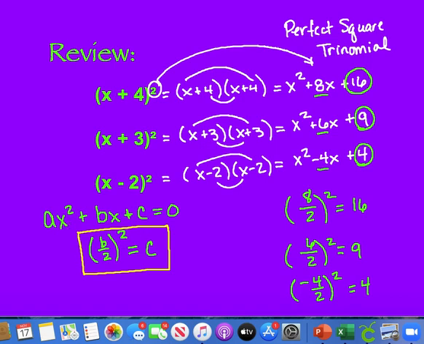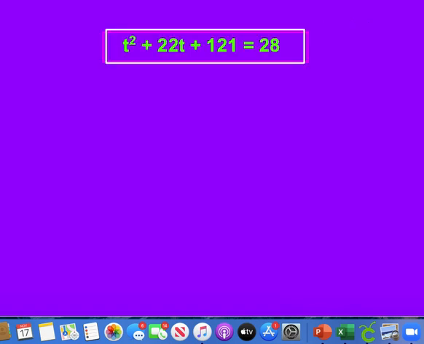Okay, so how are we going to use this? We're going to use it to solve quadratics that might not always give us perfect square values or integer values as our factored points.